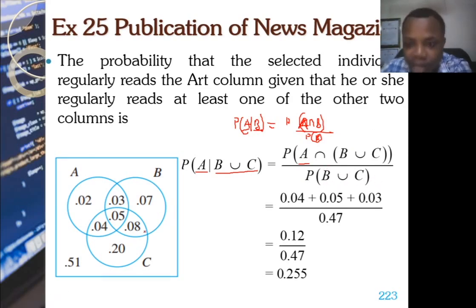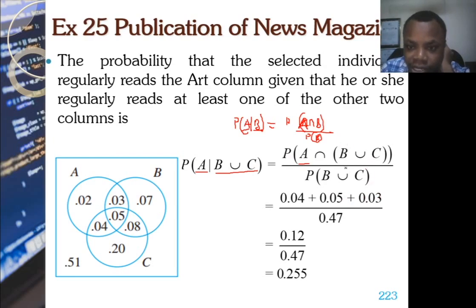Now from the Venn diagram, you could see that we have probability of A, and remember from the previous, probability of A is 0.4, which is 0.04 as we have in here, plus 0.05 plus 0.3.